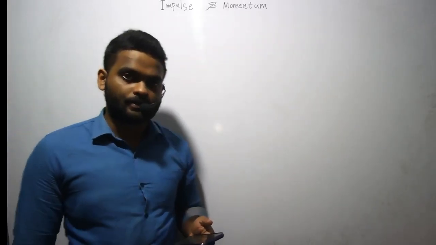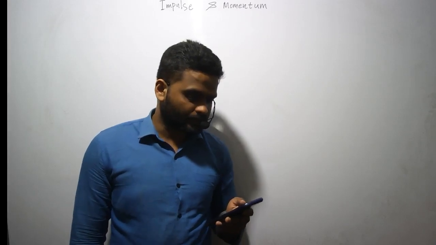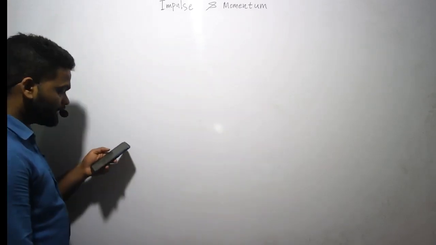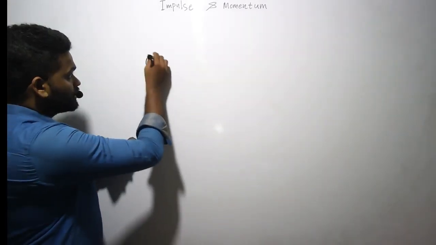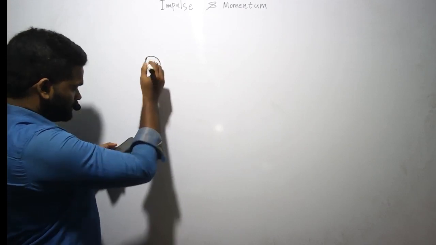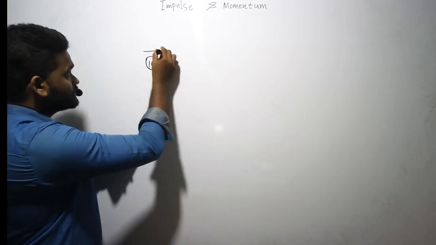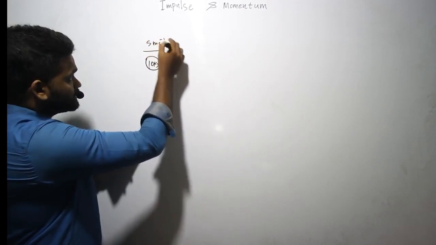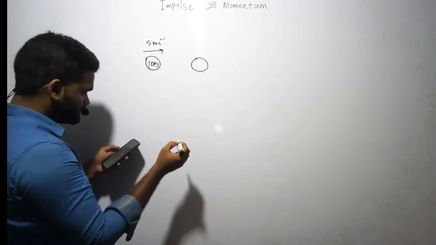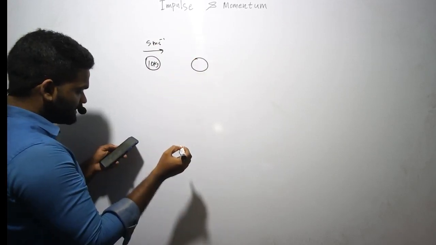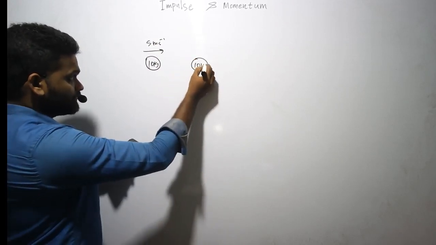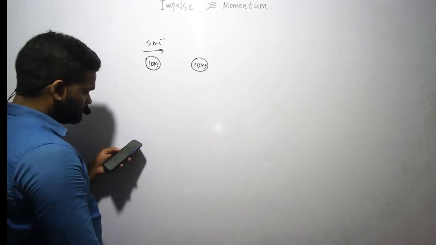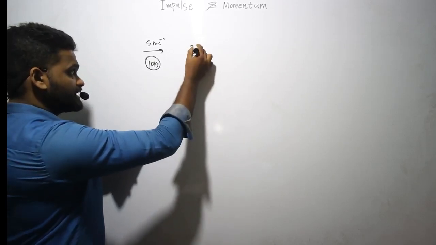Right. 12th question. A sphere with mass 10 kilogram moves to the right at 5 meters per second, and collides with an identical sphere, meaning 10 kilogram, moving to the left at 3 meters per second.